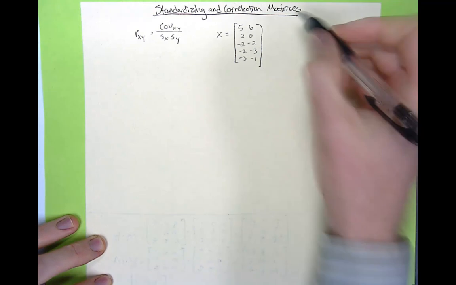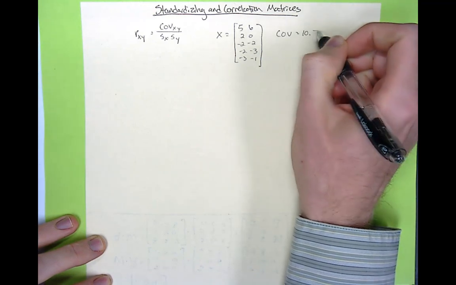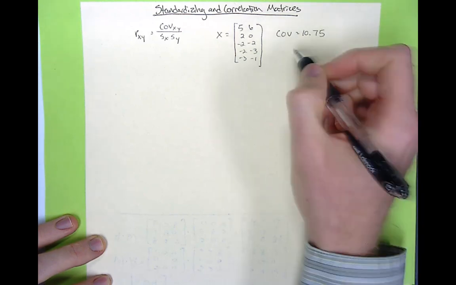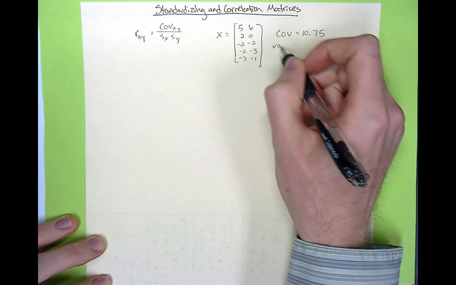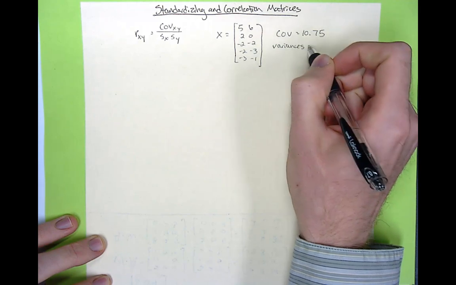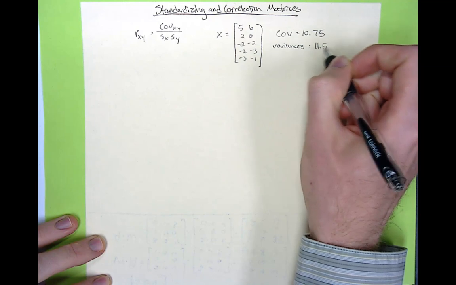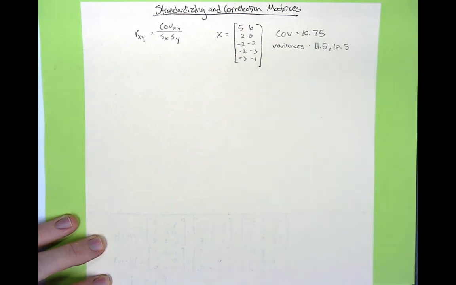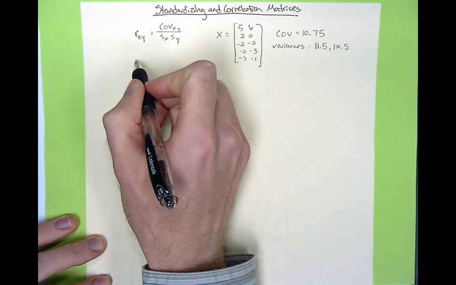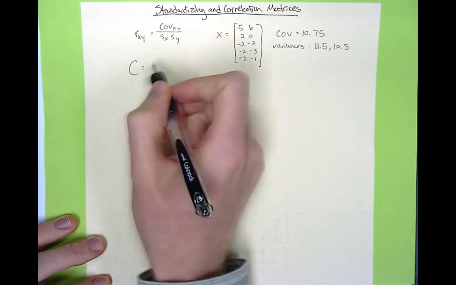And the covariance was found to be 10.75, and the two variances were found to be 11.5 and 12.5. And so we got a covariance matrix C that looked like this.